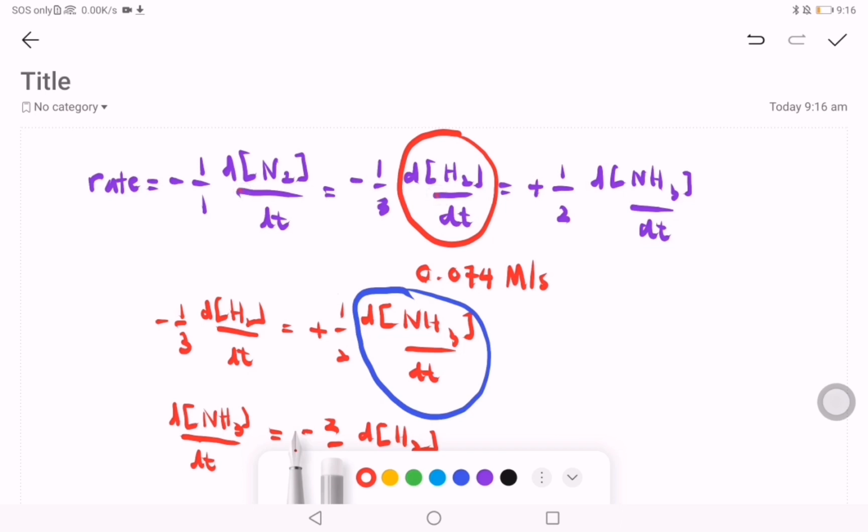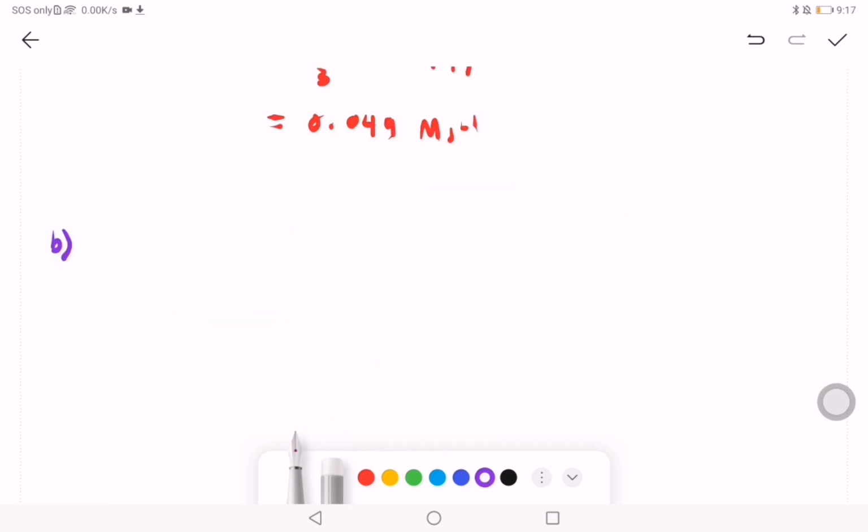Ataupun since we have found the formation of ammonia, you can also compare between the depletion of nitrogen and the formation of ammonia. Okay, so it's either one lah. Boleh pilih yang mana-mana. So, negative d[N2]/dt equals to negative 1 over 3 d[H2]/dt.